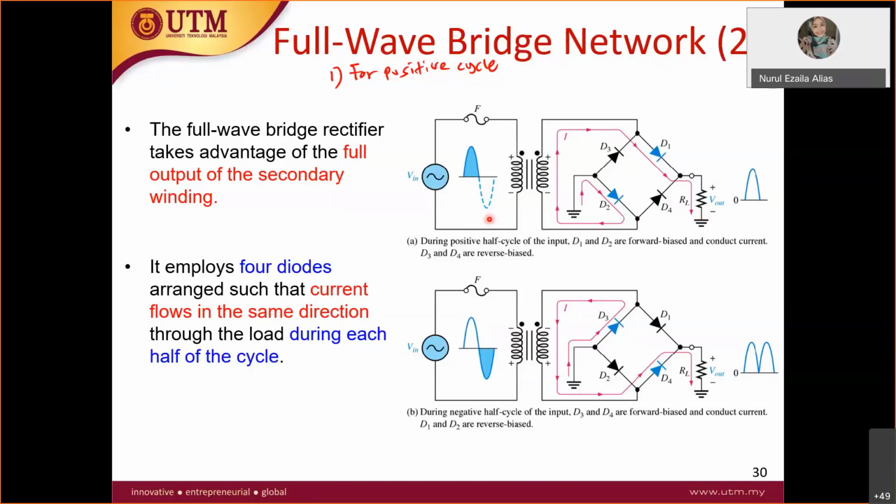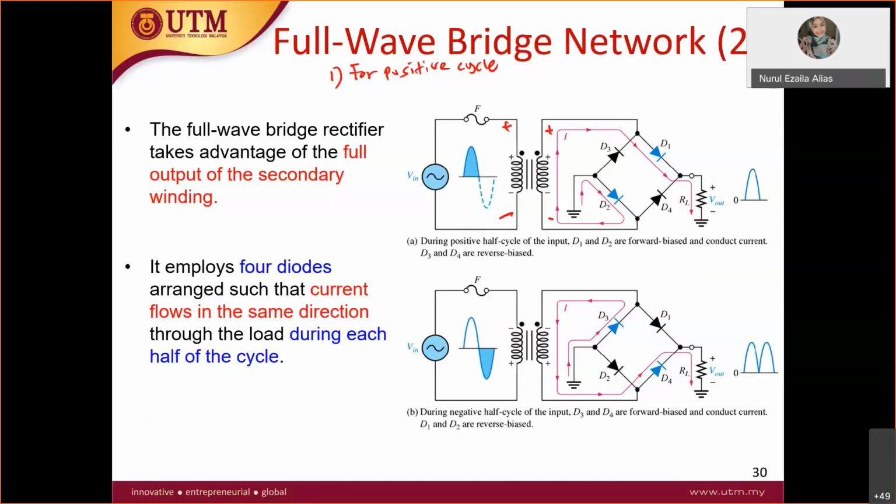So this is the input, transformer, and rectifier, and your output Vout. Next, the first positive cycle. When I say positive cycle, it means you have plus, minus, plus, minus.